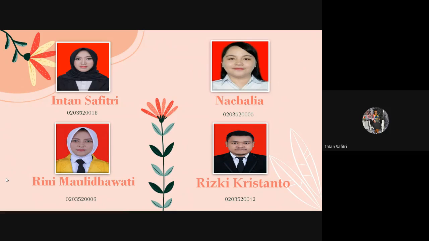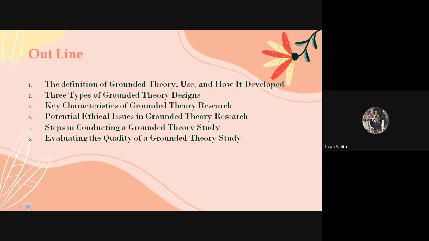Okay, thank you, Mas Rizky, for the chance. Next slide, please. Before we talk about our material, I would like to present the outline. First is the definition of grounded theory and how it developed.